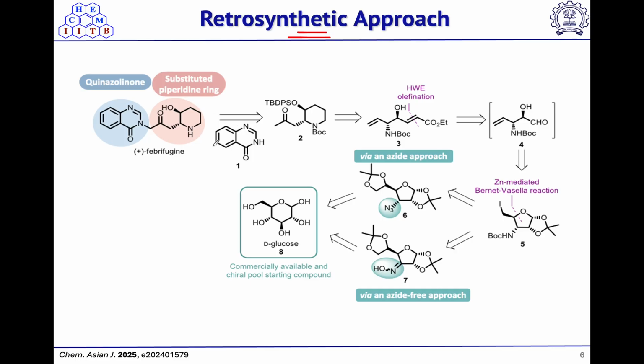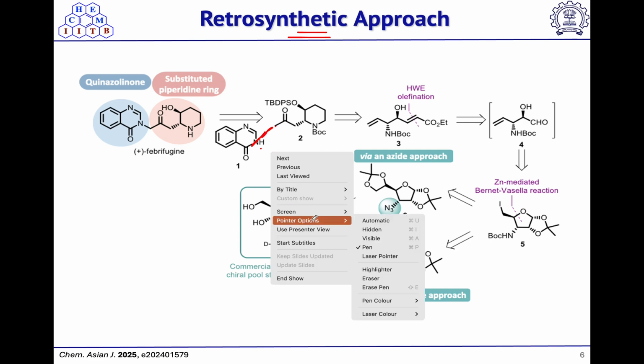First we can think of this quinazolinone fragment and this compound 2. If we couple these two fragments, we will get plus febrifugin. Basically this carbon and this nitrogen, this bond formation we have to do in the forward synthesis.